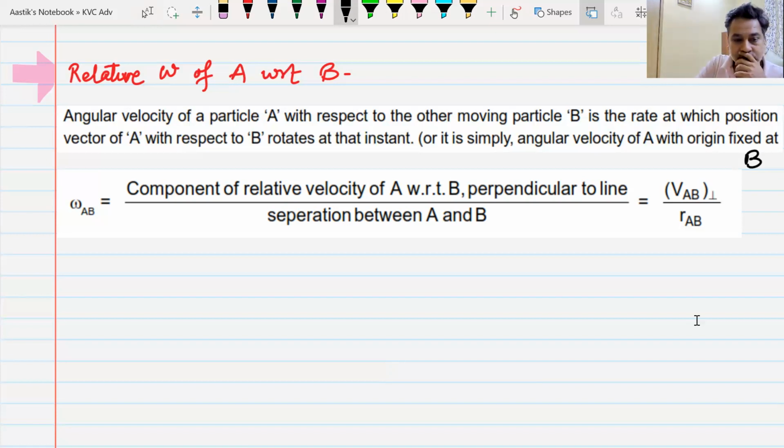Sir, what is your perpendicular line, sir? Perpendicular to the line. Have you written it? Yes, sir. Everything written? Done? Yes, sir.